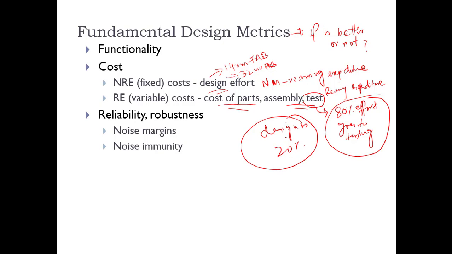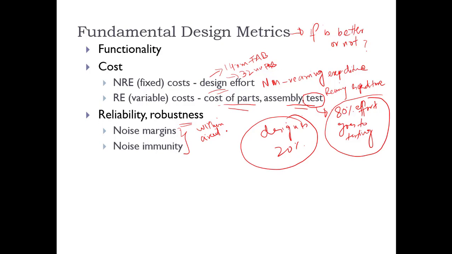Then the other metric is that it should be robust, because you know that there is this problem of noise. This noise can be coming from within the circuit, because you have all the electronic components, you have the power supply, and there can be switching in the power supply.